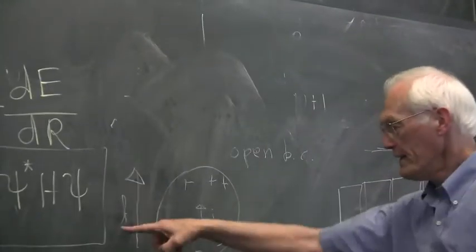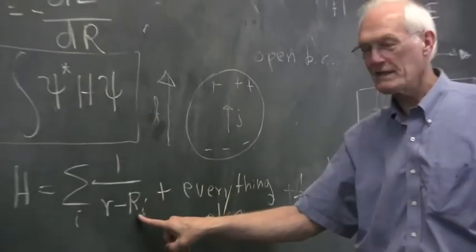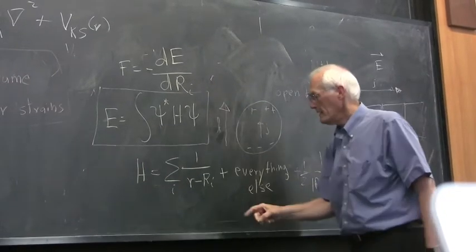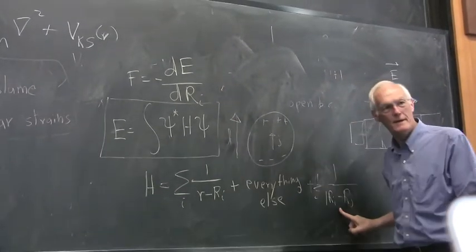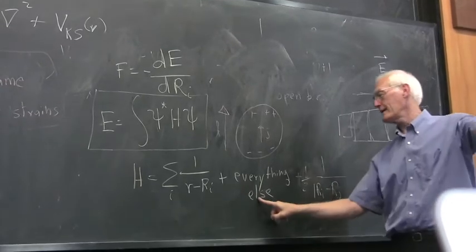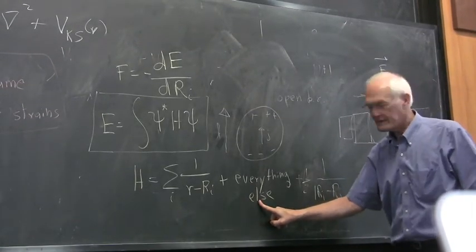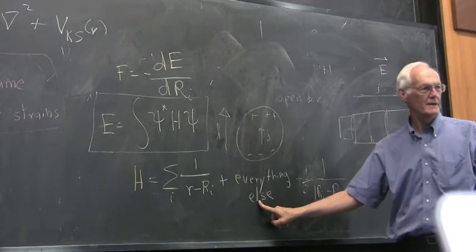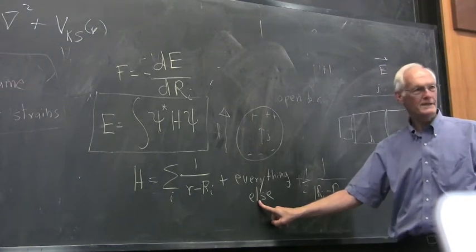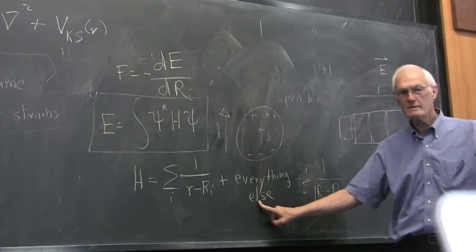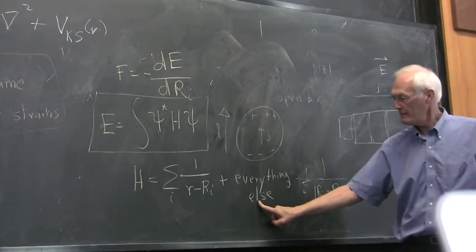There are all these interacting electrons, all that stuff. But the only thing in the Hamiltonian that depends upon the position of that nucleus, whether we call that nucleus I, are these two terms. And everything else is kinetic energy of electrons, the exchange correlation, and they change when you change the position of the nuclei. The electrons' wave functions change, all that.